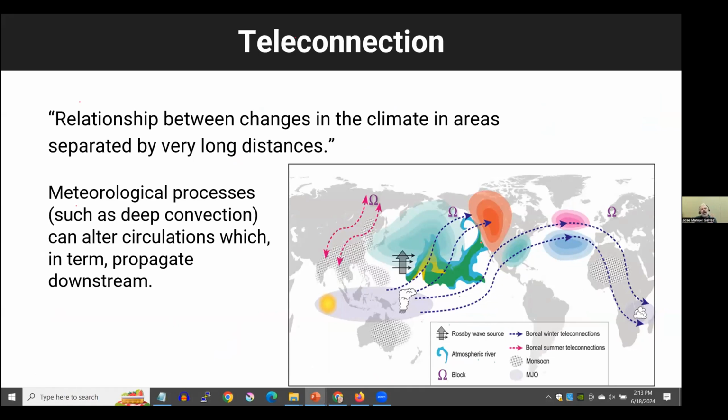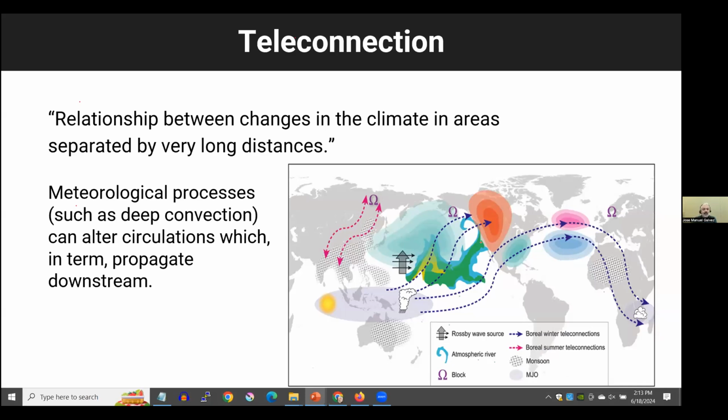So you will think, why am I getting, say, a warmer winter in Canada whenever I have an El Niño? El Niño is focused on the Pacific, so why am I getting this? The reason is that the atmosphere in the Pacific is communicating with the atmosphere in Canada through different processes. This is what we call a teleconnection. And that's why the rainfall in a very remote location is related to El Niño.